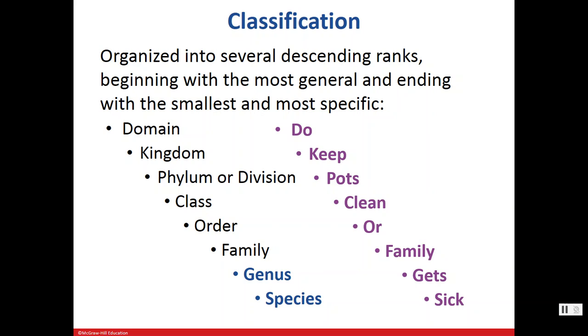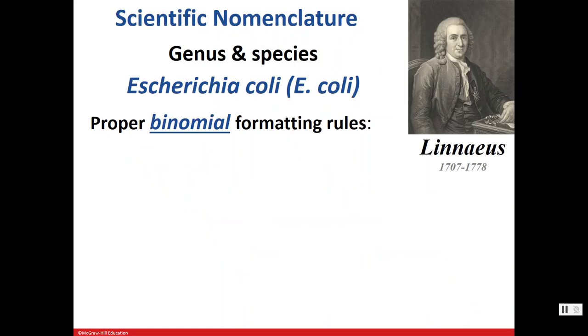And so, do keep pots clean or family gets sick will allow you to put those different levels in order. Now, I'm never going to ask you what's the class of a certain bacteria. Just understand that those terms are going to be potentially laid out for you in the text as we talk about different organisms. We're going to focus on the genus species level in the course, recognizing their scientific nomenclature or their scientific names.